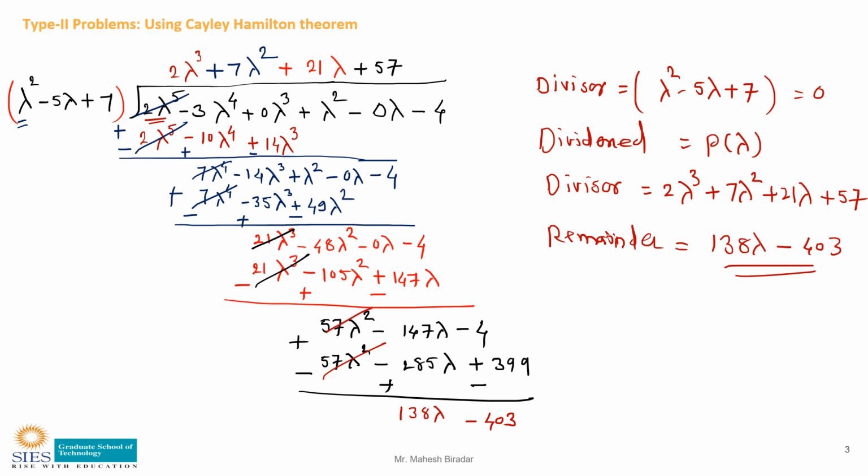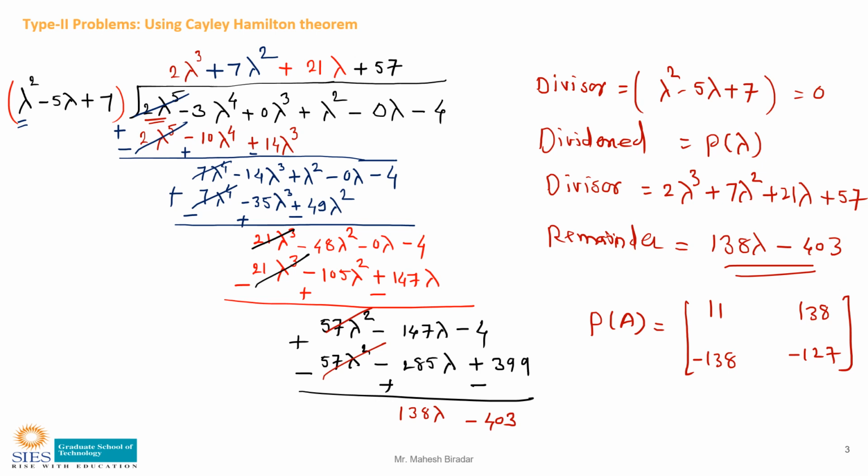So we have seen in the previous slide that the answer of this is 138 A minus 403 I, and the matrix represented by it is, I'm going to write it once again, 11, 138, minus 138, and minus 127.